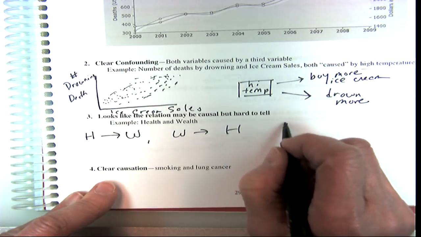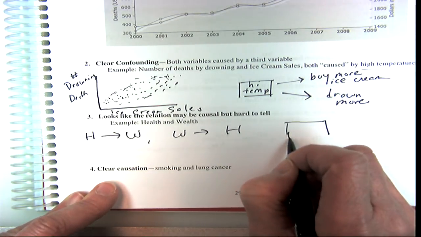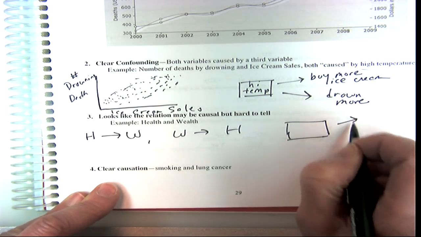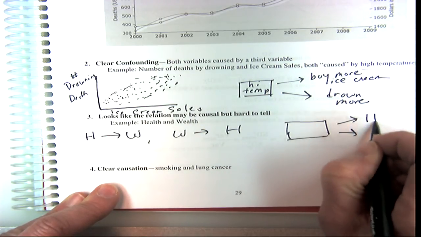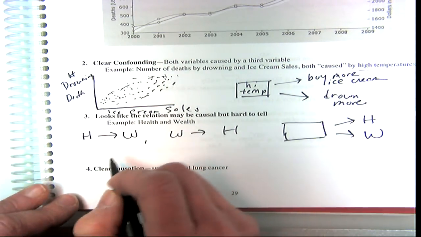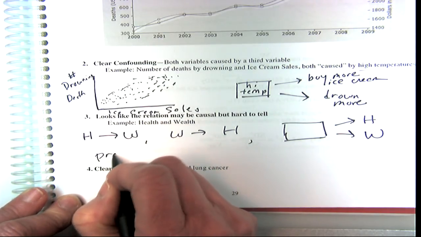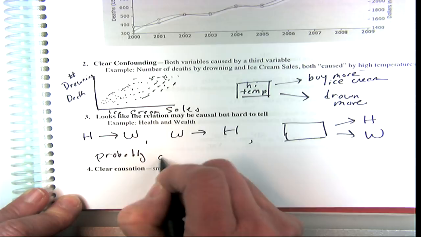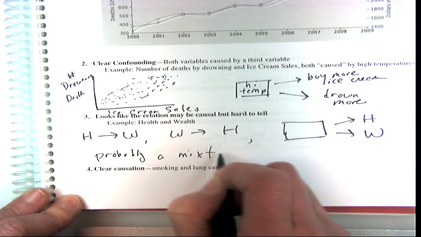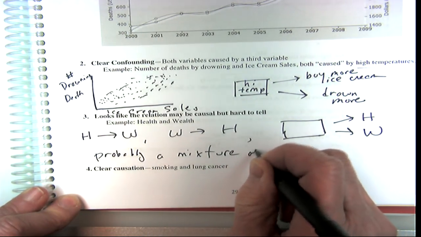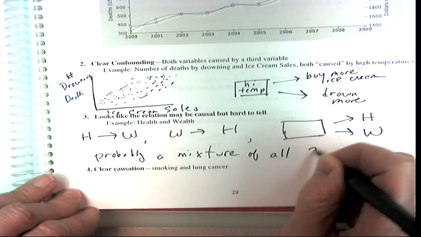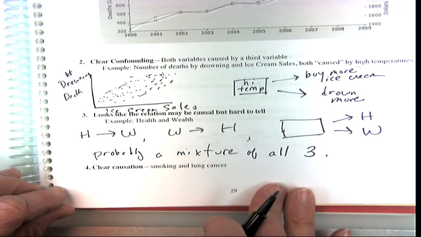And there's probably something else, like knowing statistics, and other things that are causing both of them. So it's not an either-or situation. It's probably a mixture of all three situations here. All right, so that's the idea.